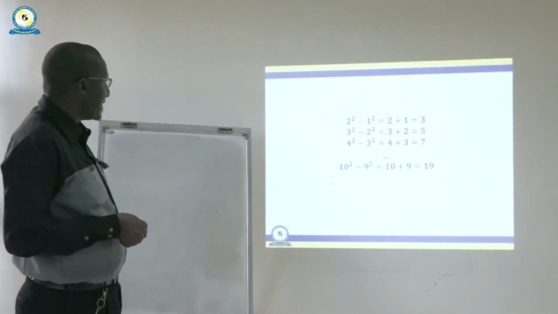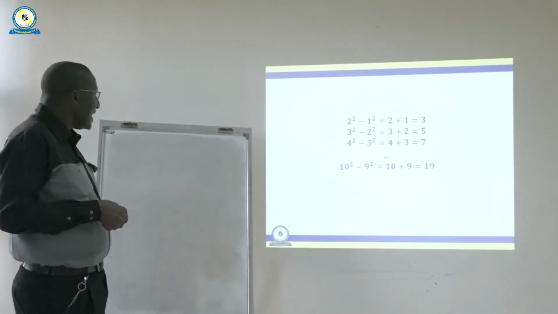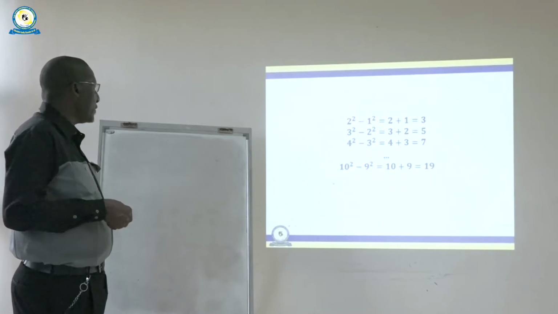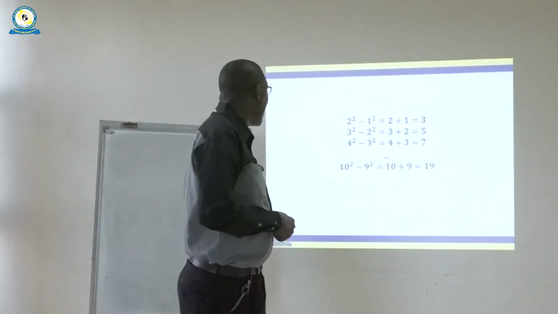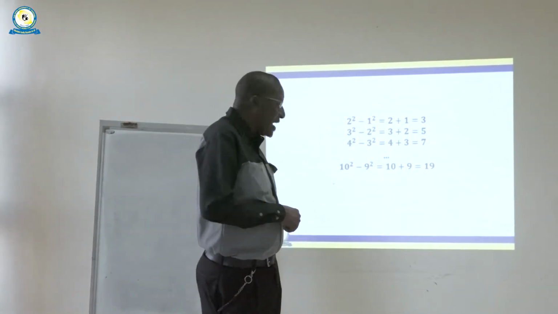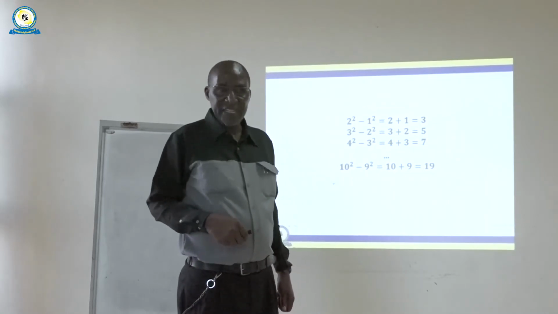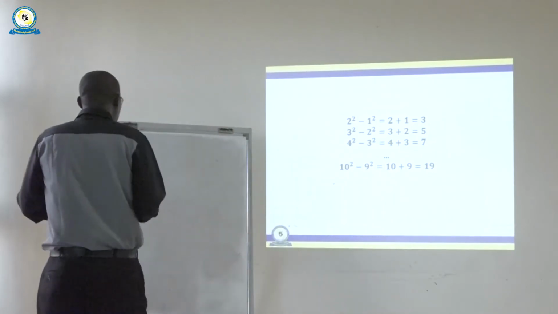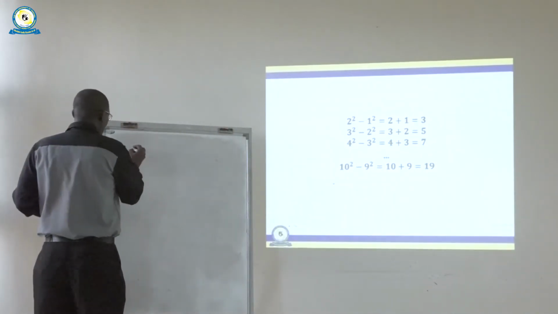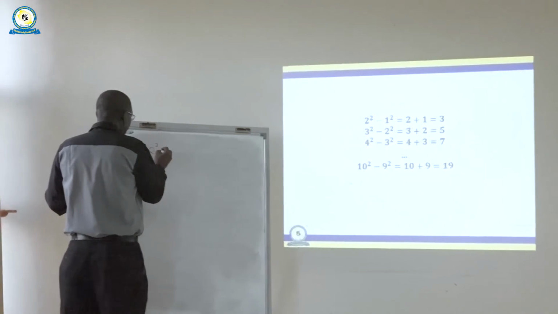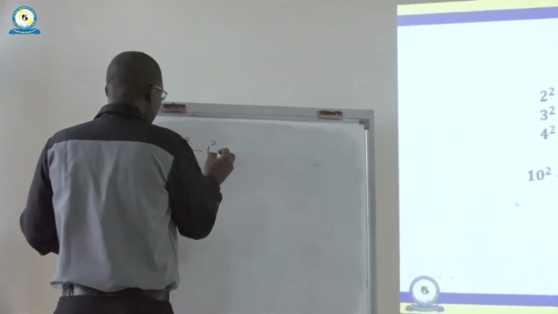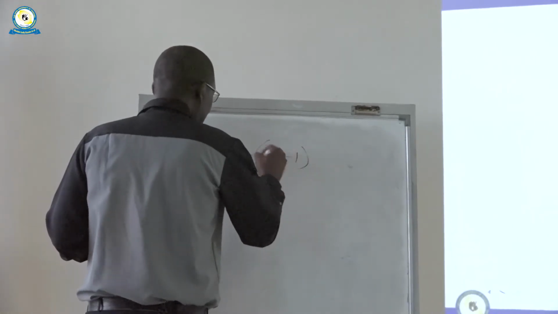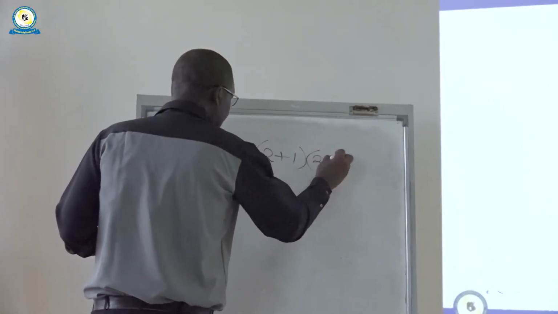When squared, you may find that these numbers are nothing but the difference of 2 squares. So, in general, we can say that 2 squared minus 1 squared equals 2 plus 1 times 2 minus 1.